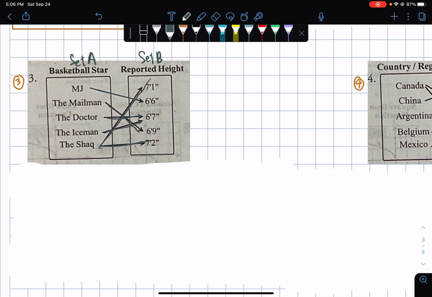So as you can see here, I suppose that this refers to the name of a famous basketball player named Shaq O'Neal. He is damn tall. So yeah, right now he's an element in the domain, and he is associated with two elements in the range, two in specific. So this is a non-function.